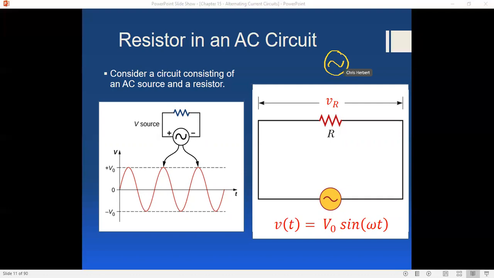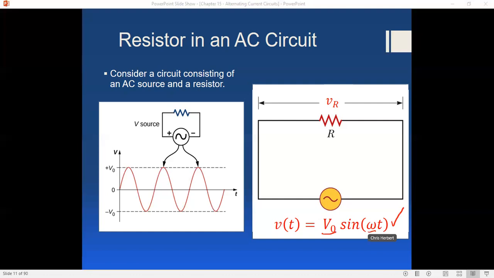I've hooked a resistor up to an AC power source. And the voltage is going to basically follow a sine function. Okay, it's going to go up and down, up and down, up and down. All right. We can write the voltage by this equation right here, where V0 represents the maximum voltage, as we saw for 120 VAC. V0 there would be about 170 volts.